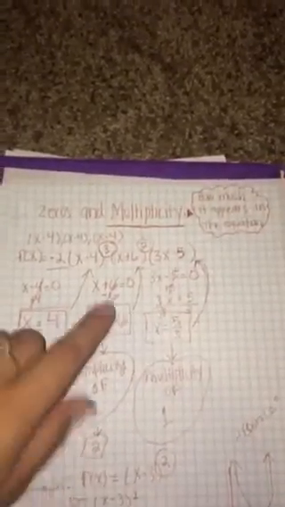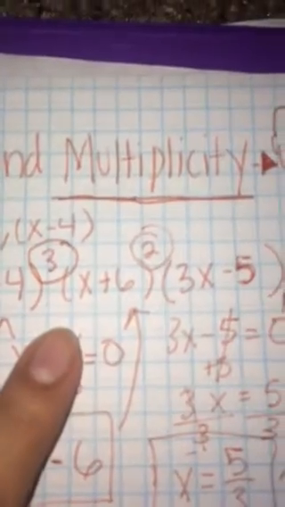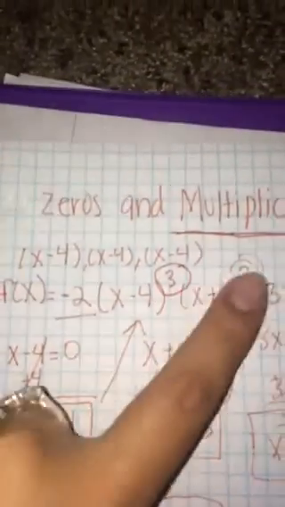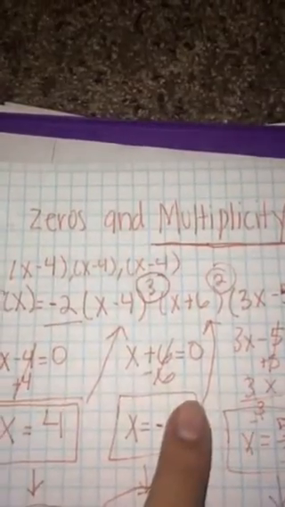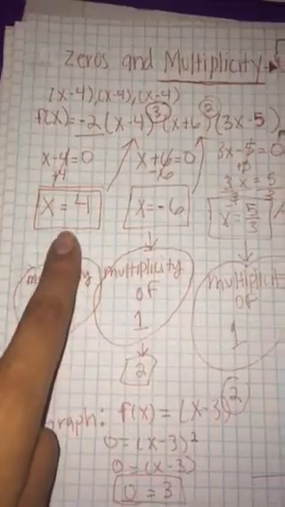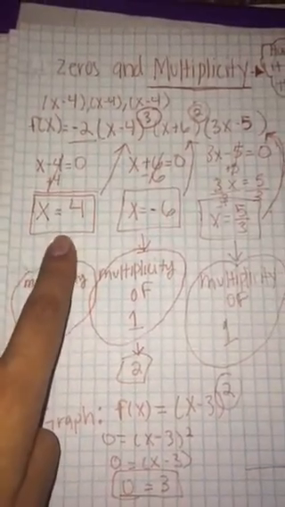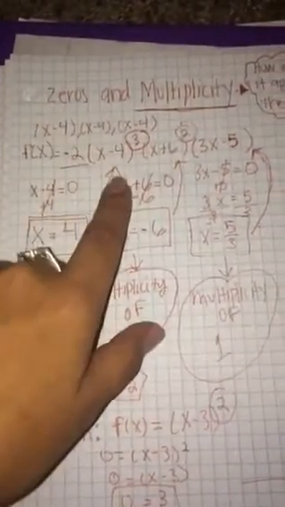That would have made it a multiplicity of 2, because it would have appeared 2 times. So once again, the exponents are what tell you how many times it appears, and that tells you what the multiplicity of that zero is. And remember, to find the zero, you get your given equation and set that equal to 0.